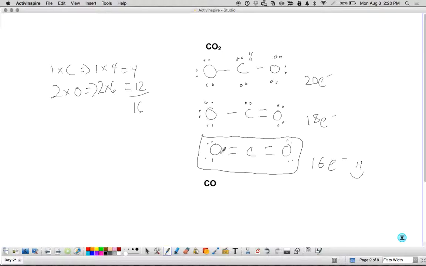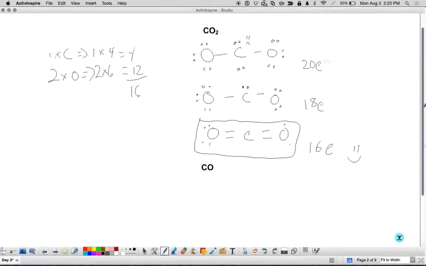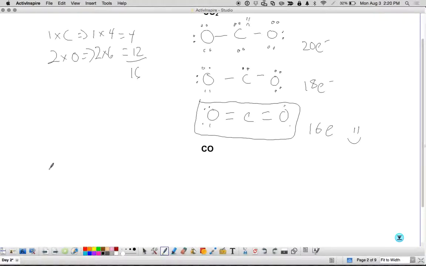Okay? Maybe I could do it with a single bond on one side and a triple bond on the other side, but you need 2 multiple bonds. Okay? So let's keep in mind, let's look for a pattern here, right? I'm big into patterns. So we're going to do carbon monoxide, and then I want you to look for a pattern in carbon monoxide. Okay, so carbon monoxide, that's 1 times carbon.